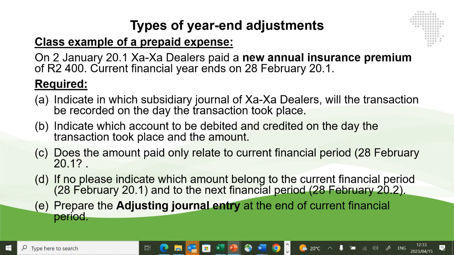If no, because remember C is asking whether the amount paid only relates to the current financial period, please indicate which amount belongs to the current financial period and which amount belongs to the next financial period, which ends 28 February 20.2. Then lastly, it's asking you to prepare the adjusting journal entry at the end of the current financial period.